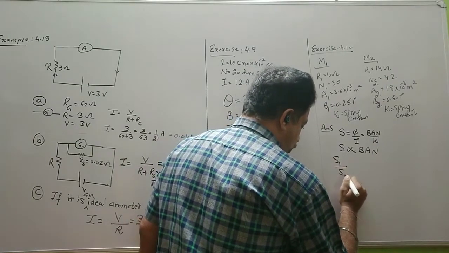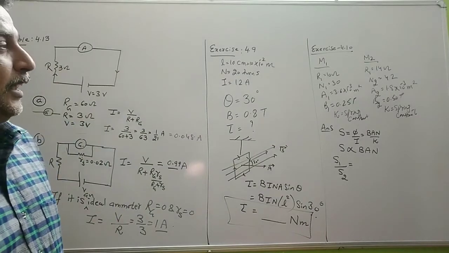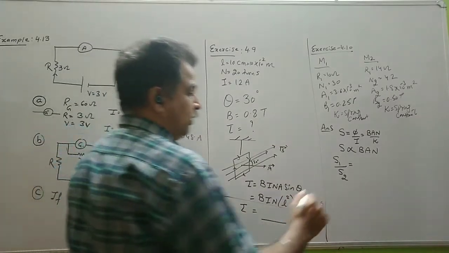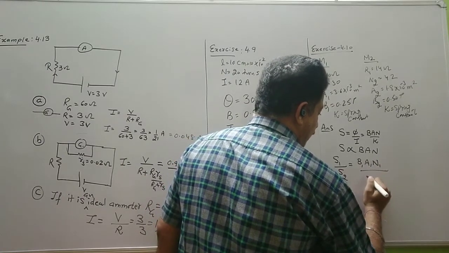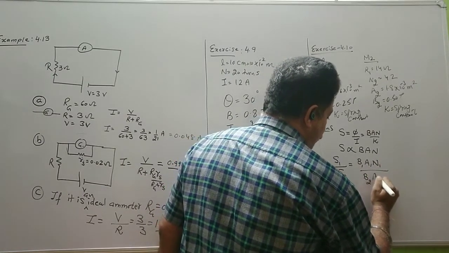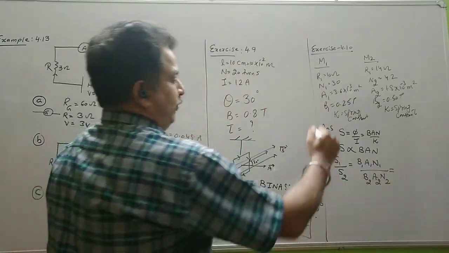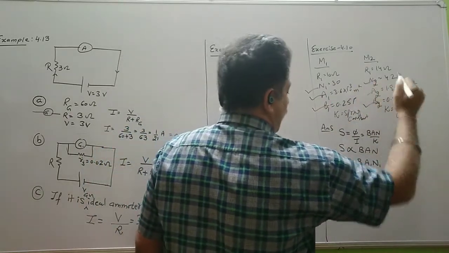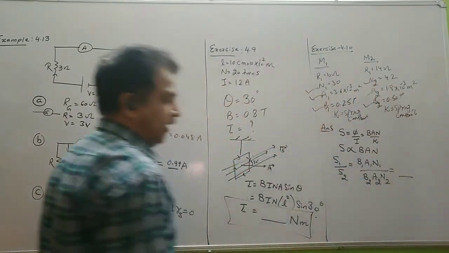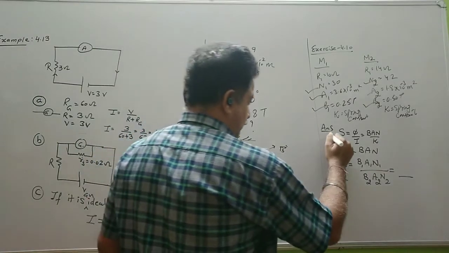So S1 upon S2, that is the current sensitivity of coil 1, M1, to M2, will be equal to B1 A1 N1 upon B2 A2 N2. We substitute the values and find it directly. So that is the first part.